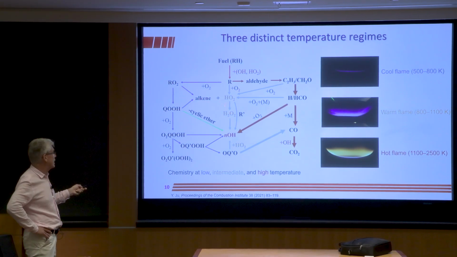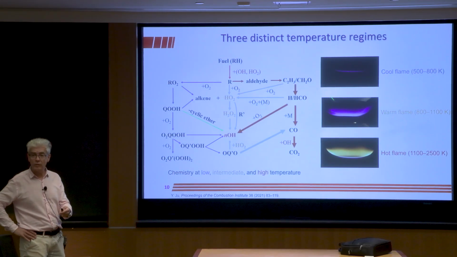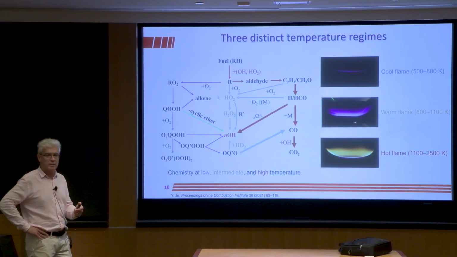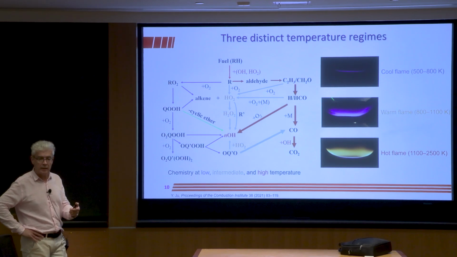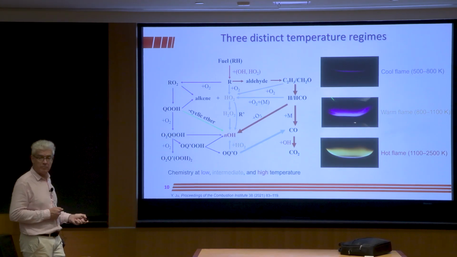Then the HO2 abstracts a hydrogen atom from a stable molecule, either the fuel or the olefin, to give you H2O2, and that decomposes to give you two OHs. And that's what's causing this warm flame. And then at high temperatures, you get rapid pyrolysis first of the fuel, then oxidation of the smaller species, and then the hot flame.